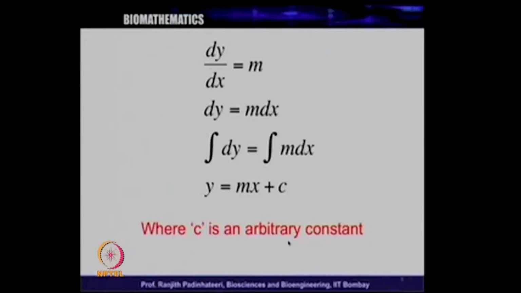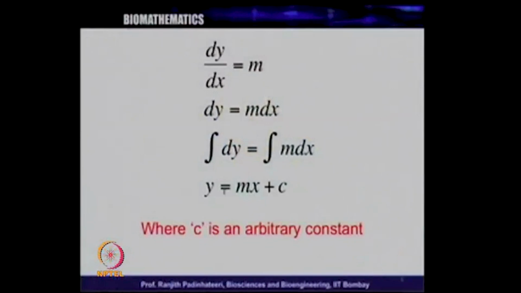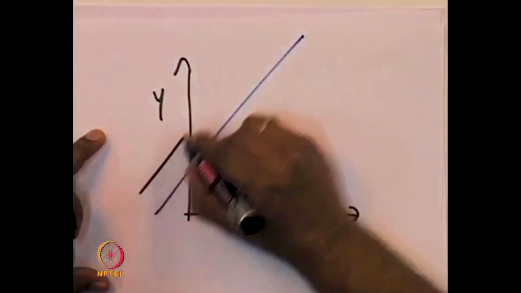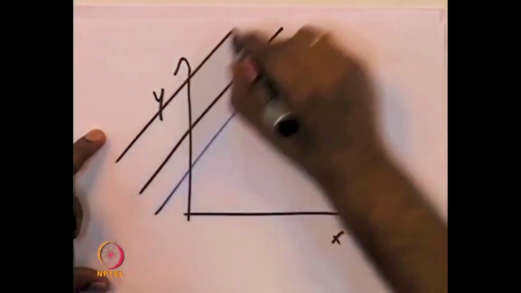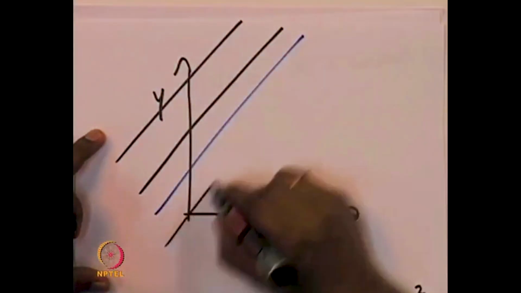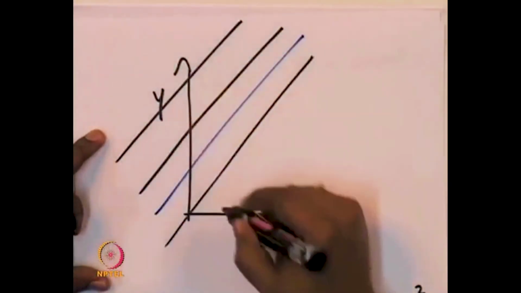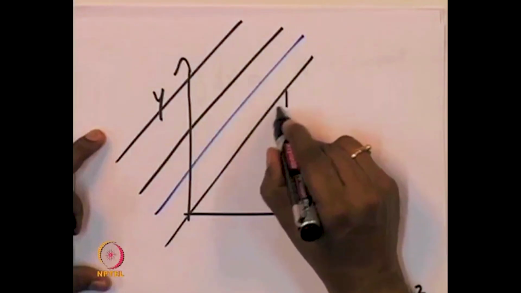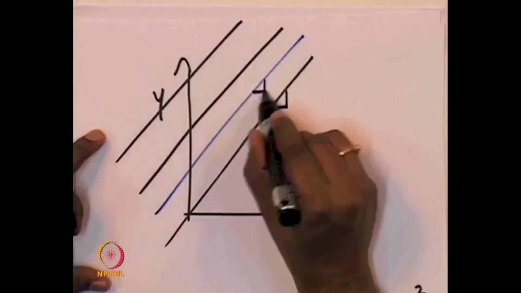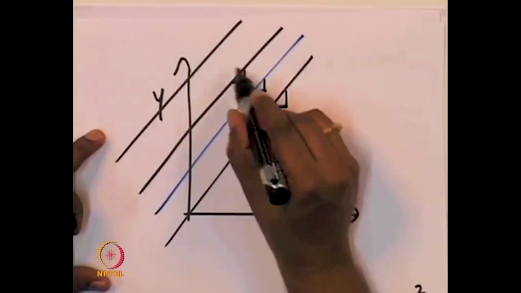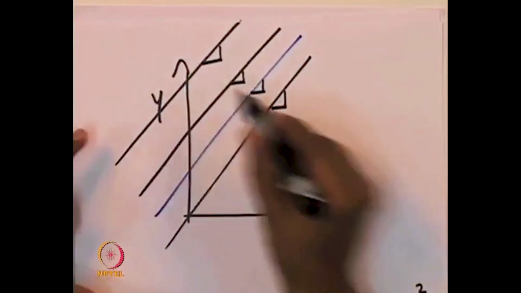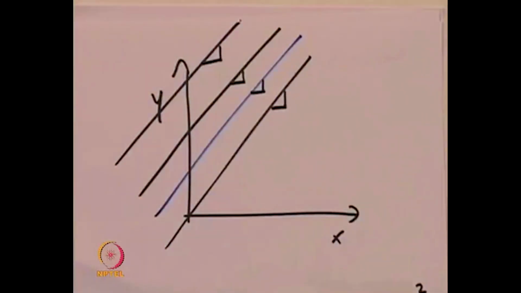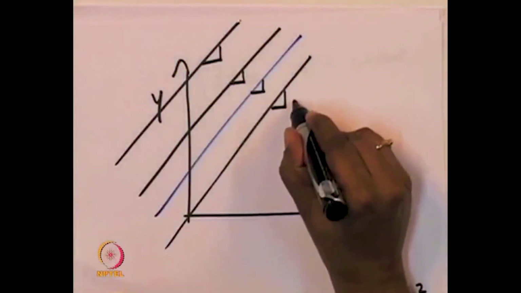So, what does this mean? This means that if you integrate dy by dx equal to m, you can get a curve like this, or a curve like this, or like this, because we do not know what c is. We only know about the slope, and all of these have the same slope, slope equal to m.